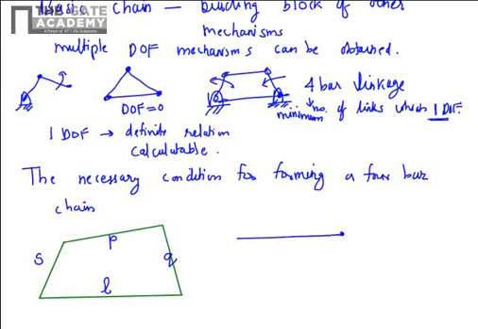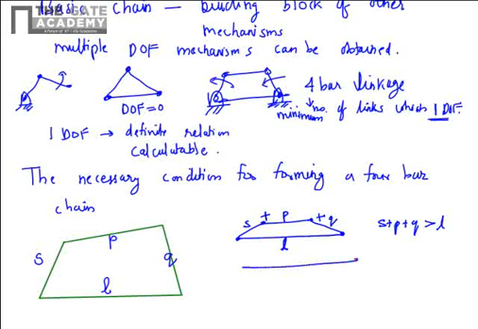The condition for formation of a 4-bar chain is that the length of the longest link should be less than the sum of the shortest link and the length of the other 2 links. The sum S plus P plus Q should be greater than the length of the longest link. If it is just equal, you will get a mechanism like this, with the longest link and all the other 3 links lying on the longest link.